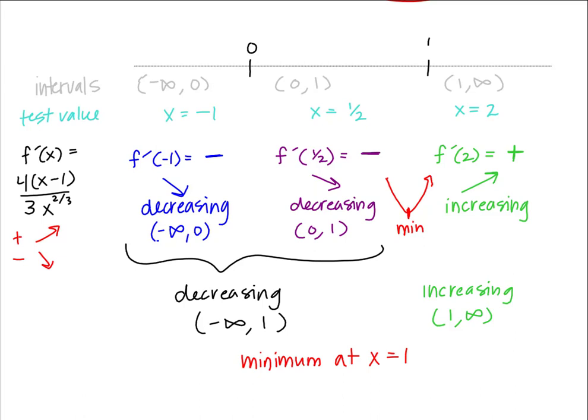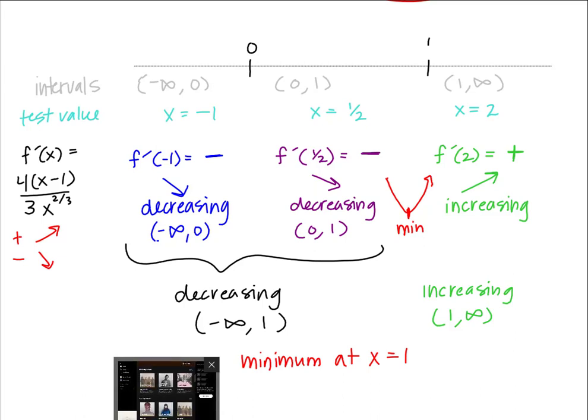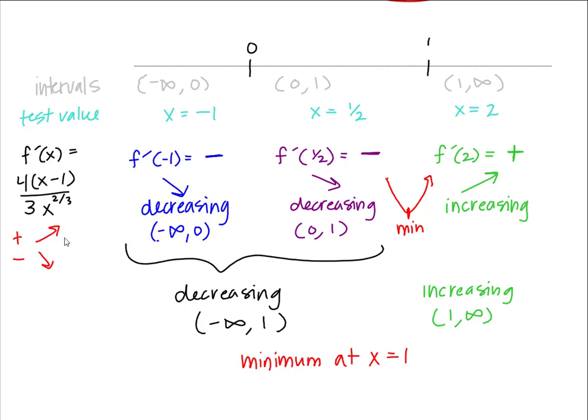And of course, you remember, we always say the max or min is y at x. So in order to find that minimum value, we're going to plug that into the original function. So the minimum is f of 1 at x equals 1.